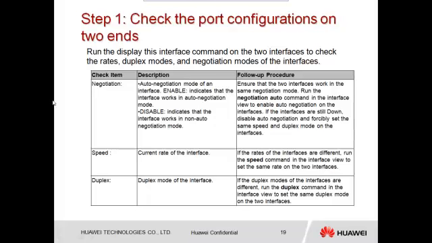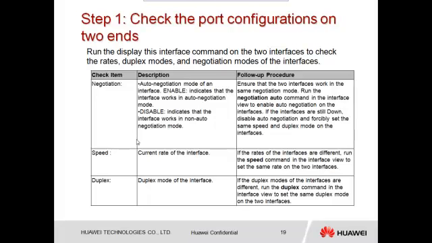The check items could be negotiation mode, the speed, the duplex mode. The negotiation means the auto negotiation mode of an interface. By default, it is enabled. If it is enabled, it indicates that the interface works in auto negotiation mode. If it is disabled, it indicates that the interface works in non-auto negotiation mode.